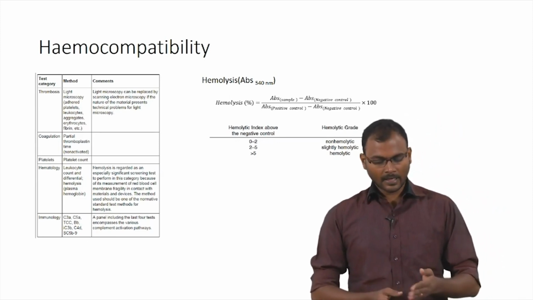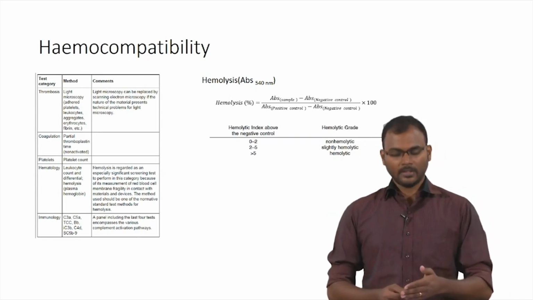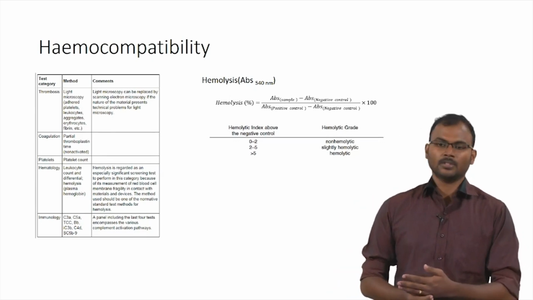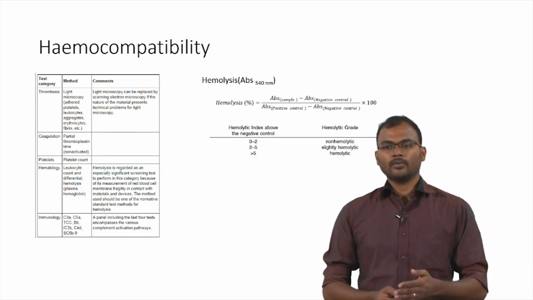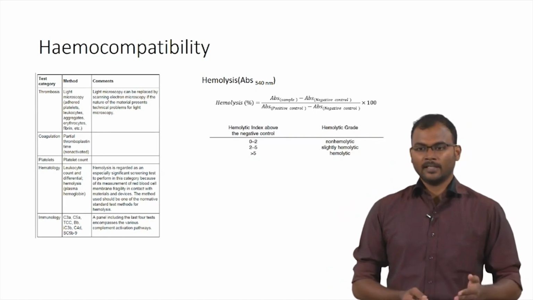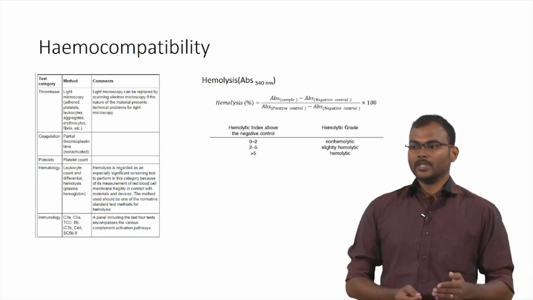Hemolysis is calculated as the absorbance of the sample minus the absorbance of the negative control, divided by the absorbance of the positive control minus the absorbance of the negative control. So, what are the negative and positive controls? The negative control is normal saline solution, which does not have any effect on the RBCs.